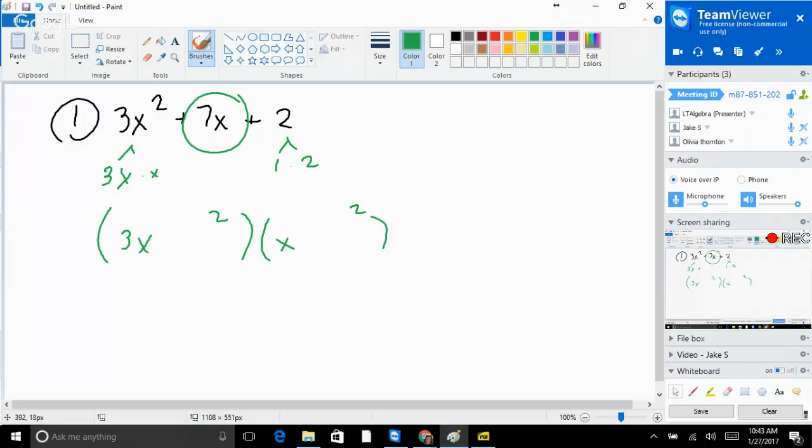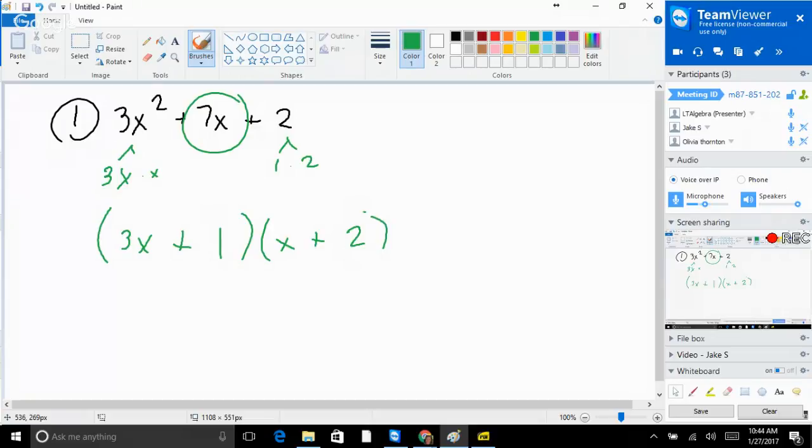The middle term is 7x, so I actually need my number to get pretty big, right? I want it to be 2 times 3 because that's going to get me to 6. So I'm going to put my 2 over here and my 1 over here. And since it's all adding, that's awesome.